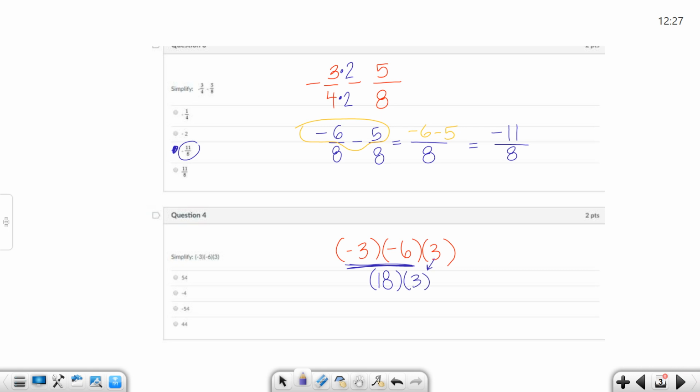Now, just stopping right here, I know my answer is going to be positive. So this answer is incorrect and this answer is incorrect. So once we get there, I know I can multiply 18 times 3. And my answer should be 54. Positive 54.